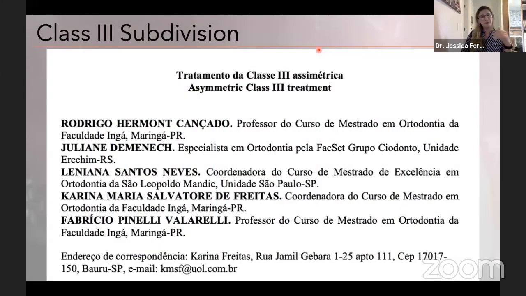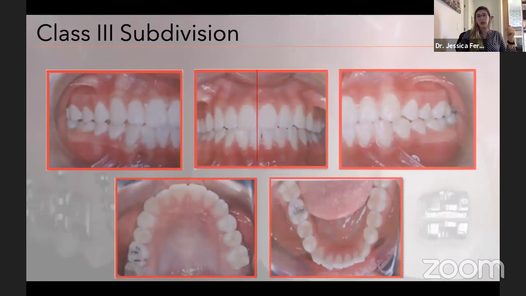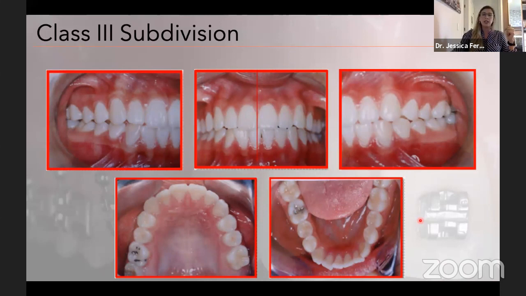In this article, they showed a case report of treatment of class 3 subdivision. So you can see that the patient has a little bit of protrusion of the mandible. And in her intraoral photographs, she had a class 3 subdivision malocclusion on the right side and a class 1 on the left side and a mandibular dental midline deviation.